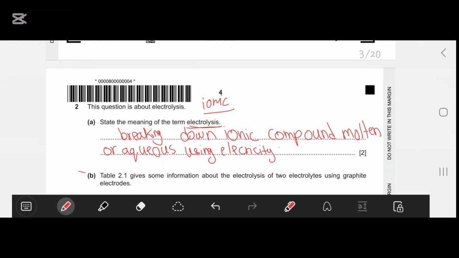We use electrical energy in electrolysis and convert it to chemical. Ionic compounds are only used because they have positive and negative ions. They are molten or aqueous. In that way, the ions are free to move, so that they conduct electricity.